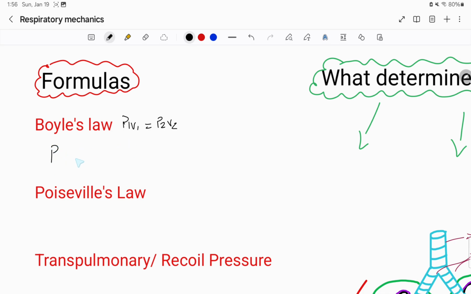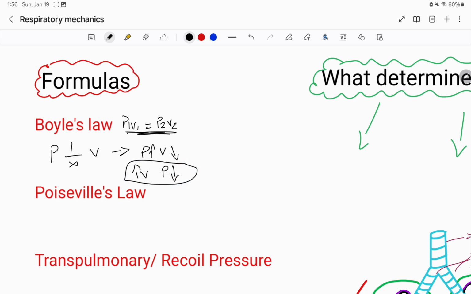Based off of this formula, pressure is inversely proportional to the volume. What does this mean? This means that as my pressure increases, the volume in that area decreases. You can also say it the other way around. If the volume in a space increases, the pressure in that space decreases.